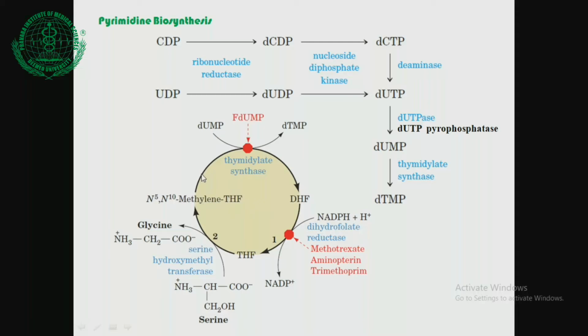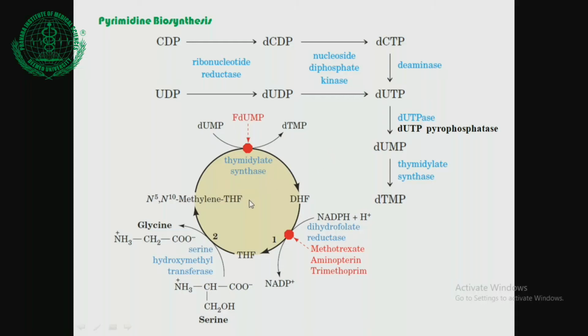Methylene tetrahydrofolate acts as a donor of a methyl group or a donor of a carbon 1 unit, and that unit is utilized to methylate deoxyuridine monophosphate to deoxythymidine monophosphate.